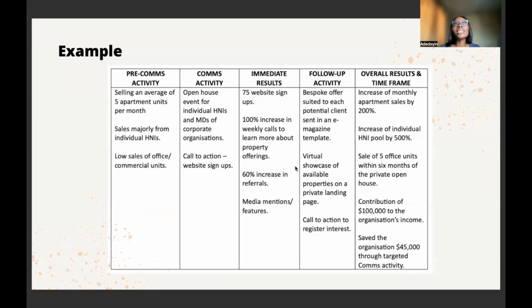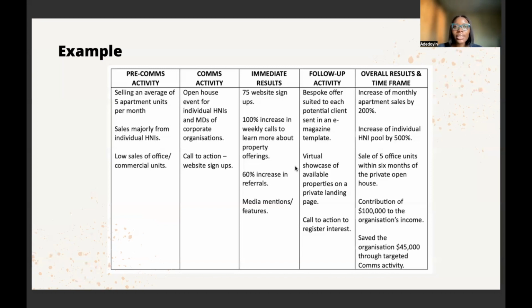Still look at your communications activity, whatever it is that you did this year. Try to tie the results to what your organization wants to achieve. So as you're articulating that, okay, we got an increase in followers, we got an increase in awareness, we got an increase in XYZ, how does that tie or align with what your organization wanted to achieve for 2023?